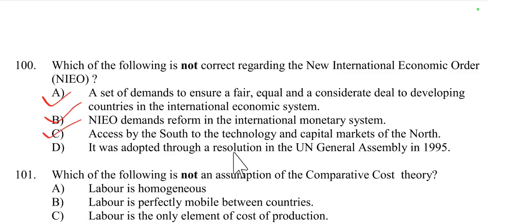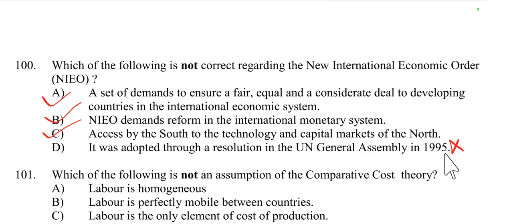Then it was adopted through a resolution in the UN General Assembly in 1995. No, this is incorrect. So option D is incorrect here, because the New International Economic Order was not adopted in 1995.